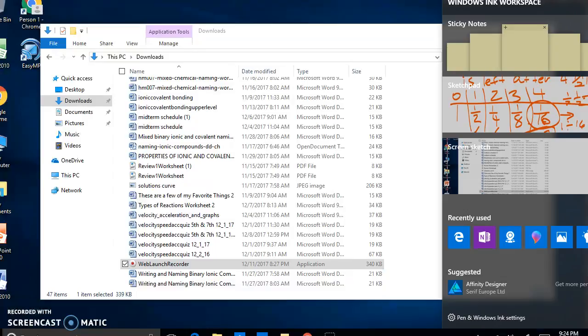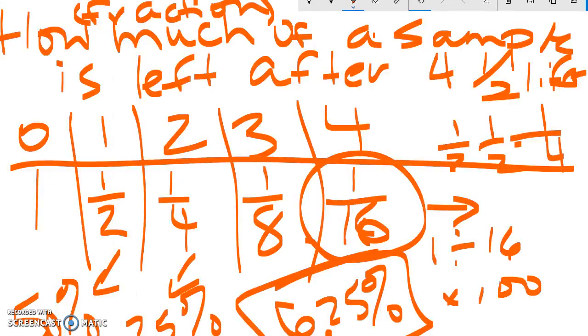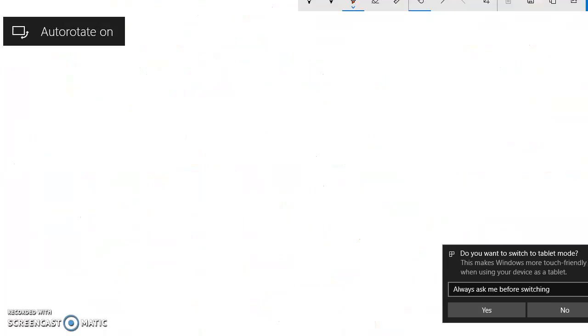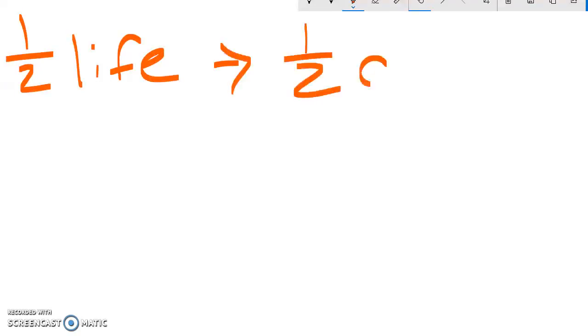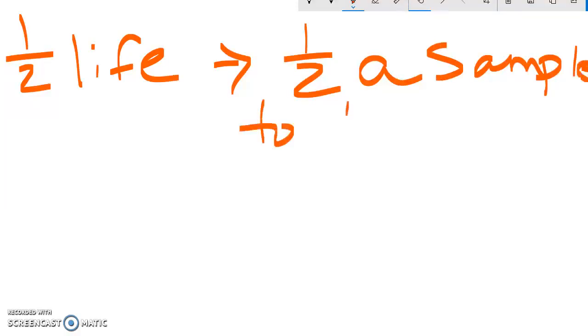Okay, so if I come on here, let me delete this from before. So half-life is the time it takes for half a sample to decay.